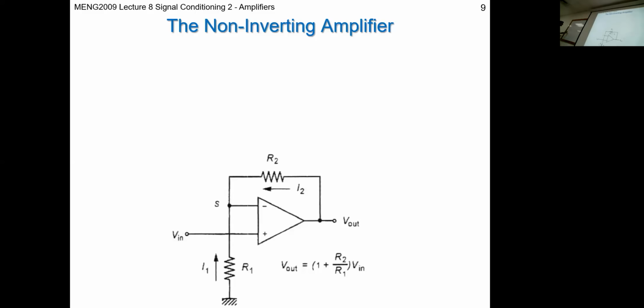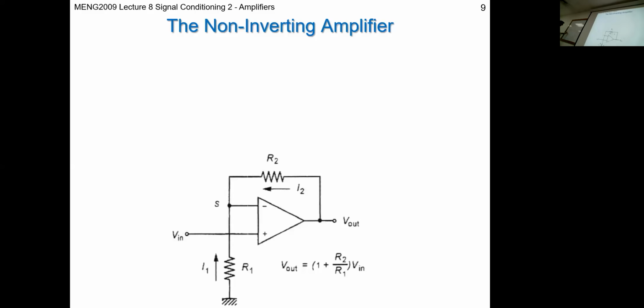So in which case, we basically substitute in for this Vs. This is actually going to become our V in. And so it becomes a very, very simple solution actually.